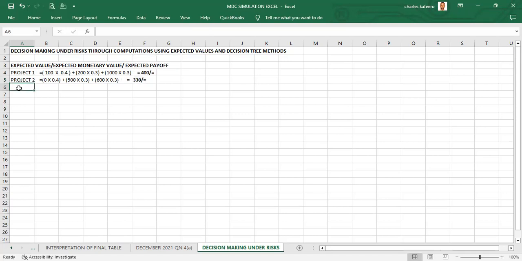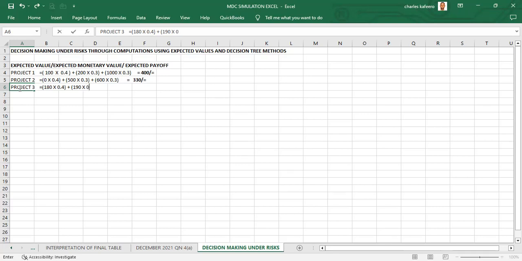So we go to project 3. Project 3, still we do the same thing. We get the expected payoff. This is 180. We multiply by the probability of 0.4. We add 190. That is the payoff.